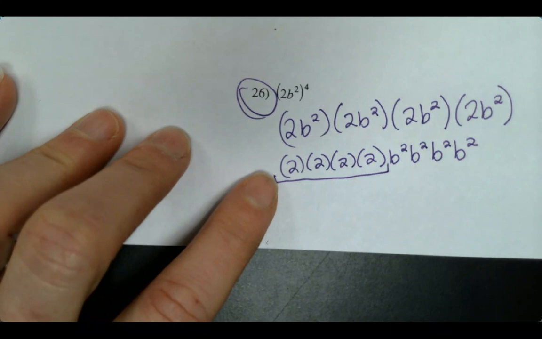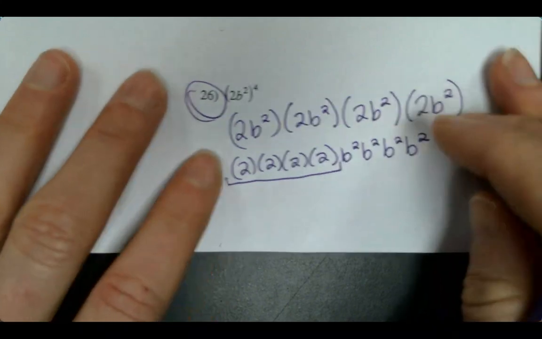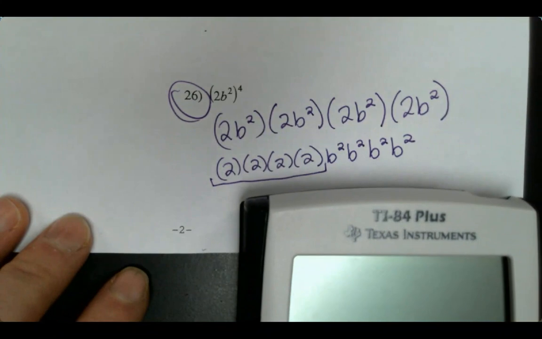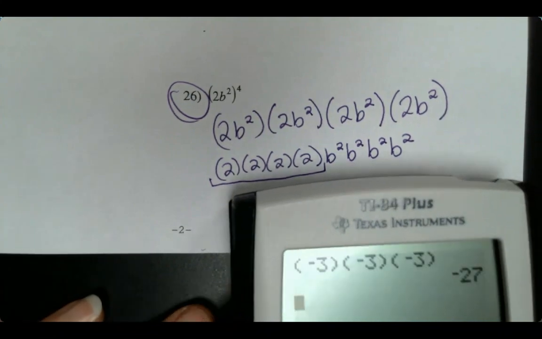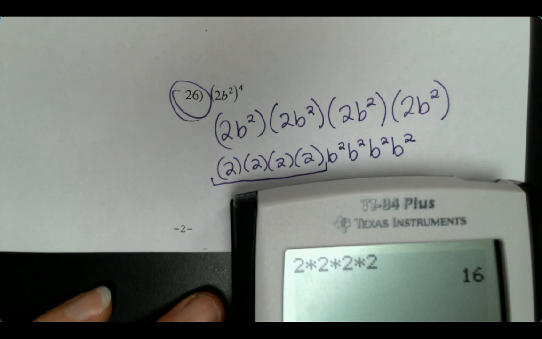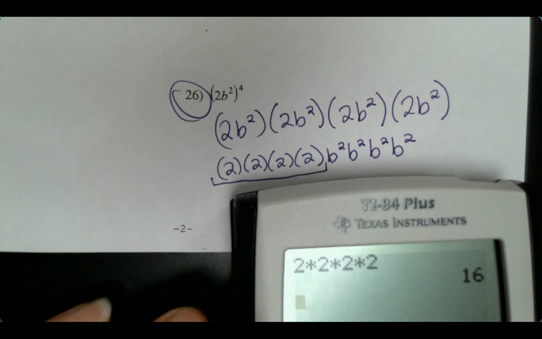And then multiply those. 2 times itself 4 times. I got 16.